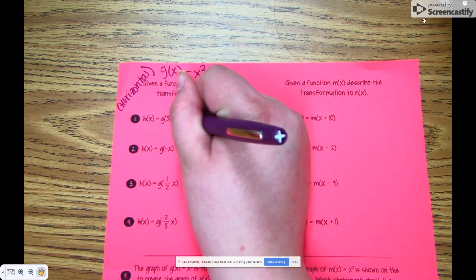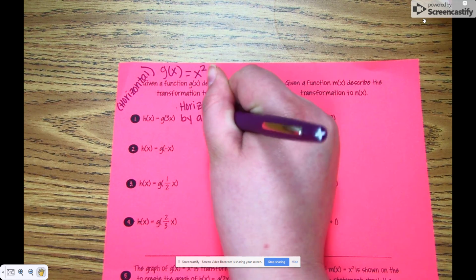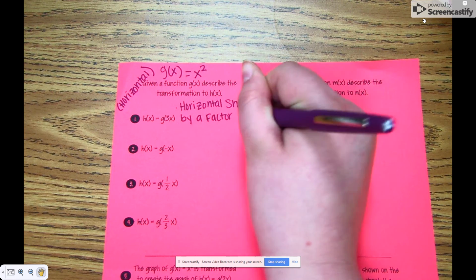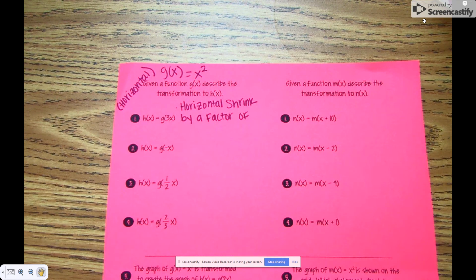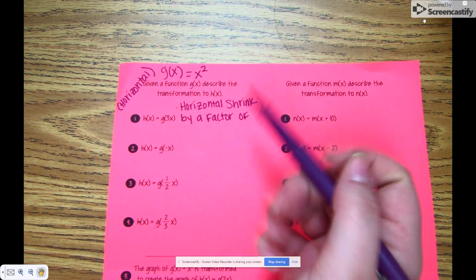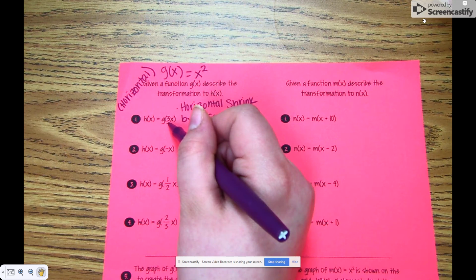And it's by a factor of, all right. Before I tell you what it's by a factor of, I want you to remember that everything in the parentheses is a liar, okay? It's always the opposite. It's always going to lie to you. So the factor actually isn't 3 like you would think.